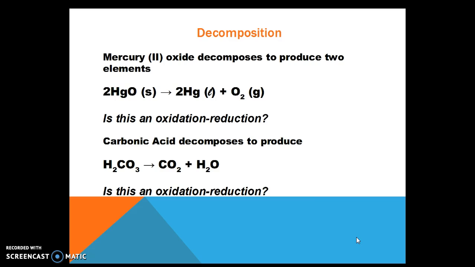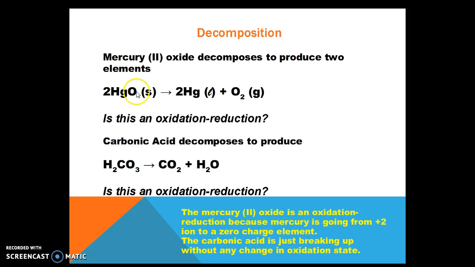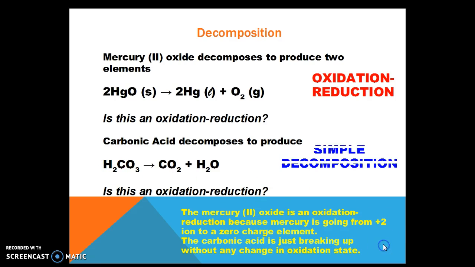Is this an oxidation-reduction? Well, the mercury(II) oxide is a compound producing two elements, and therefore it's an oxidation-reduction. The carbonic acid, nothing is changing its oxidation state here. Oxygen is still -2 on both sides. Hydrogen is still in a compound, and therefore it's a simple decomposition.